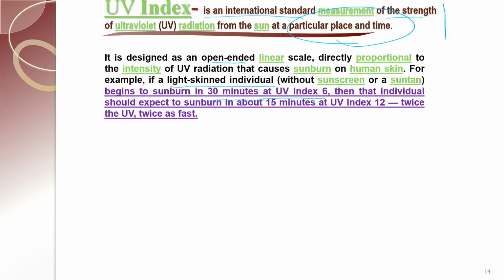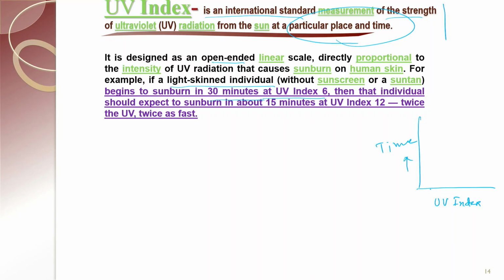So, we can see the UV index and the time required to get the sunburn. Okay.